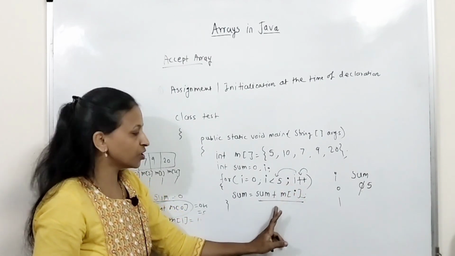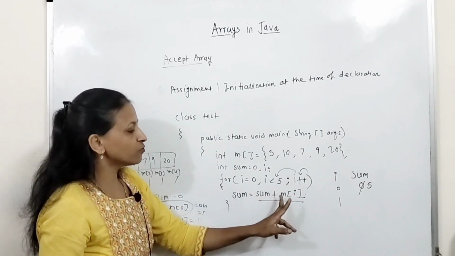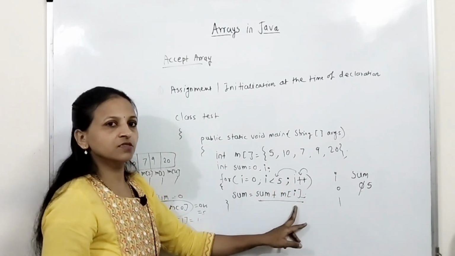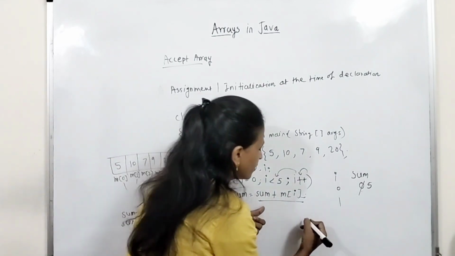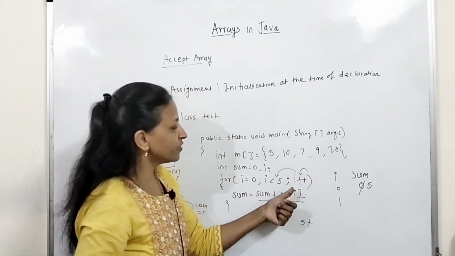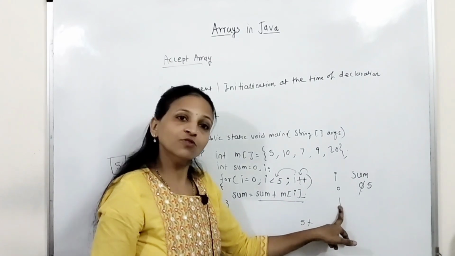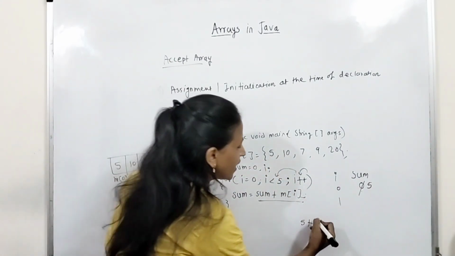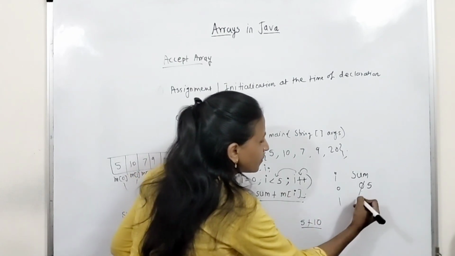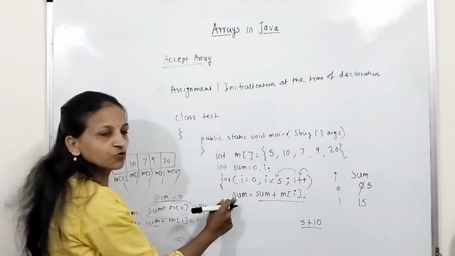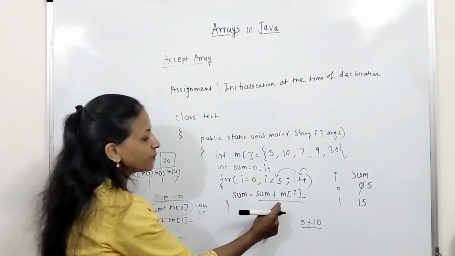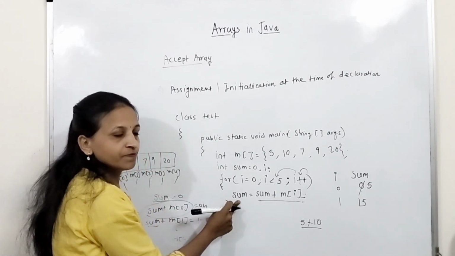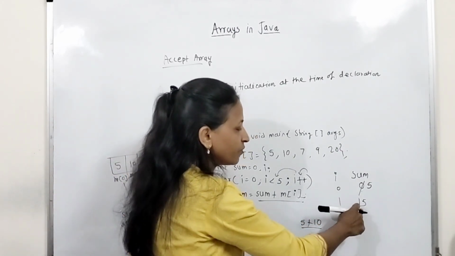Yes, condition is true, control will come inside, sum equal to sum plus m of i. Again the same statement: sum is now 5 plus m of 1, because i is now 1. m of 1 means this one, 10 will be added. Now 5 plus 10, 15 will be stored again inside sum. Getting? Now sum will be 15.